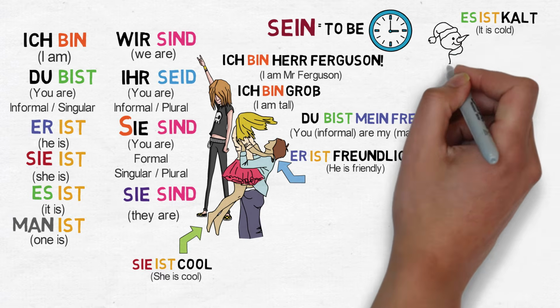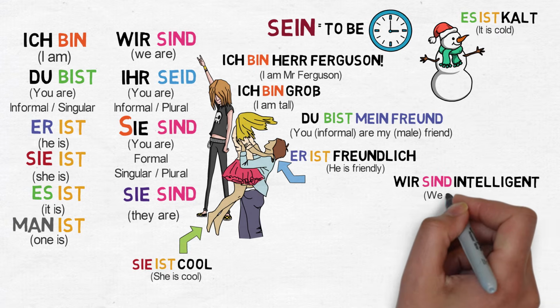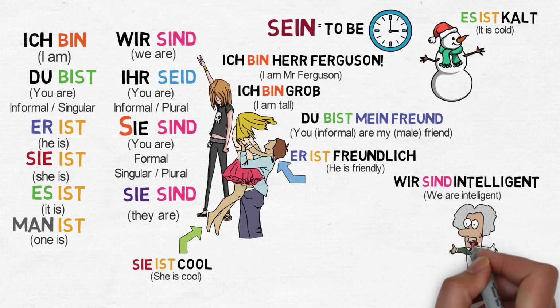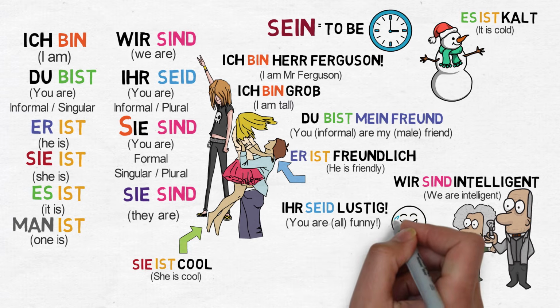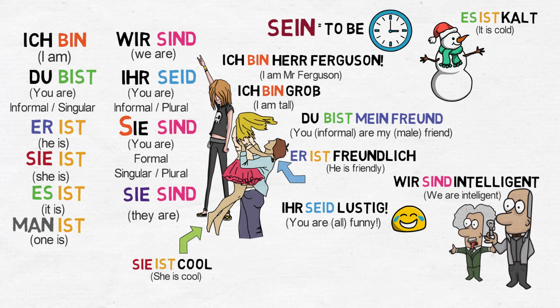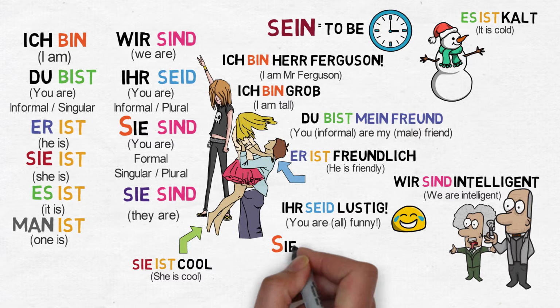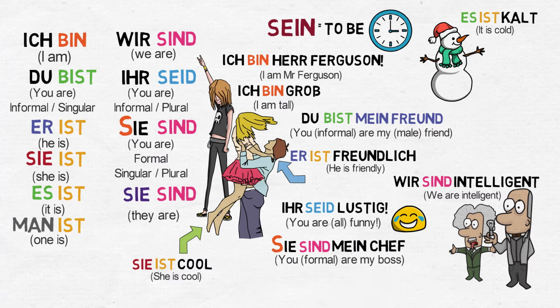Es ist kalt. It is cold. Wir sind intelligent. We are intelligent. Ihr seid lustig. You are funny, or you are all funny. Sie sind mein Chef. You are my boss. Sie sind meine Eltern. They are my parents.